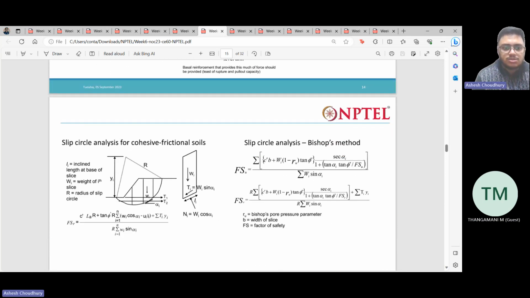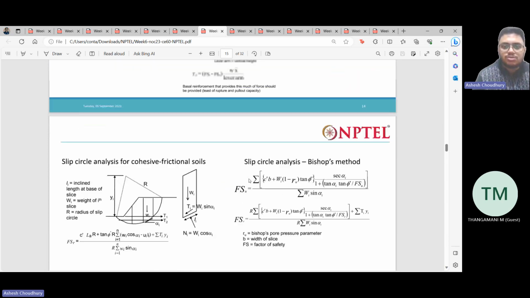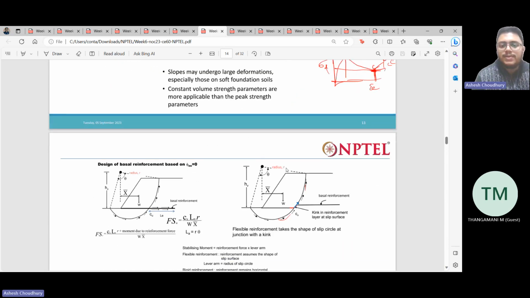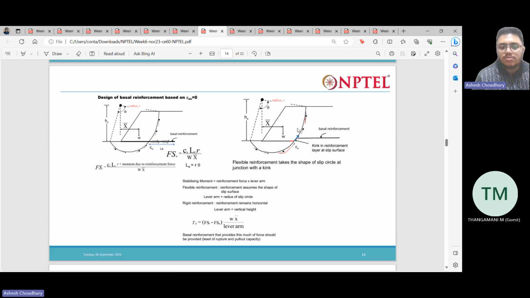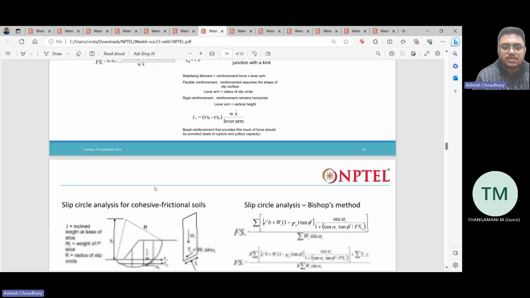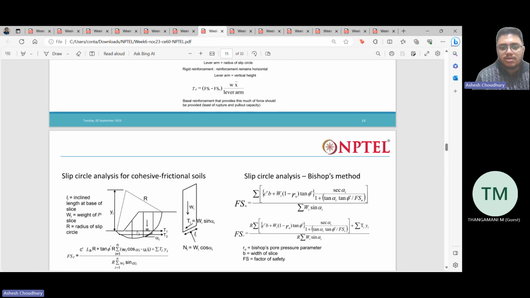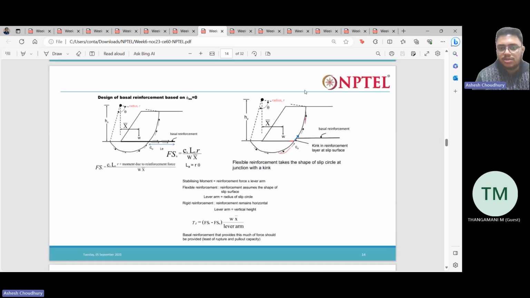So we actually need the slip circle. For completely cohesive soils, this wedge analysis is not required. Directly this slip circle analysis we can do.